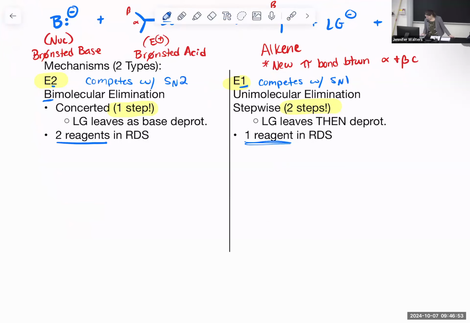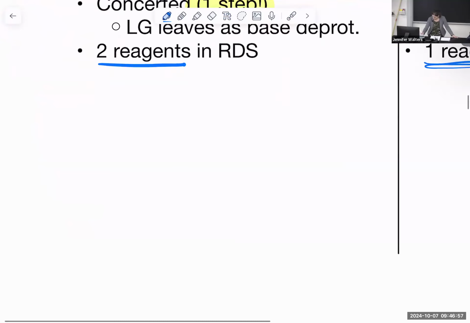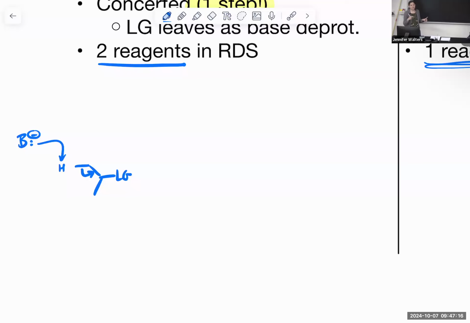Our general mechanism for E2 is going to be where you see that base. With your electrophile, your base is going to take the hydrogen. It has to happen all in one step. So the base attacks the beta hydrogen. We're going to break that hydrogen-carbon bond and give those electrons to make that carbon-carbon double bond.